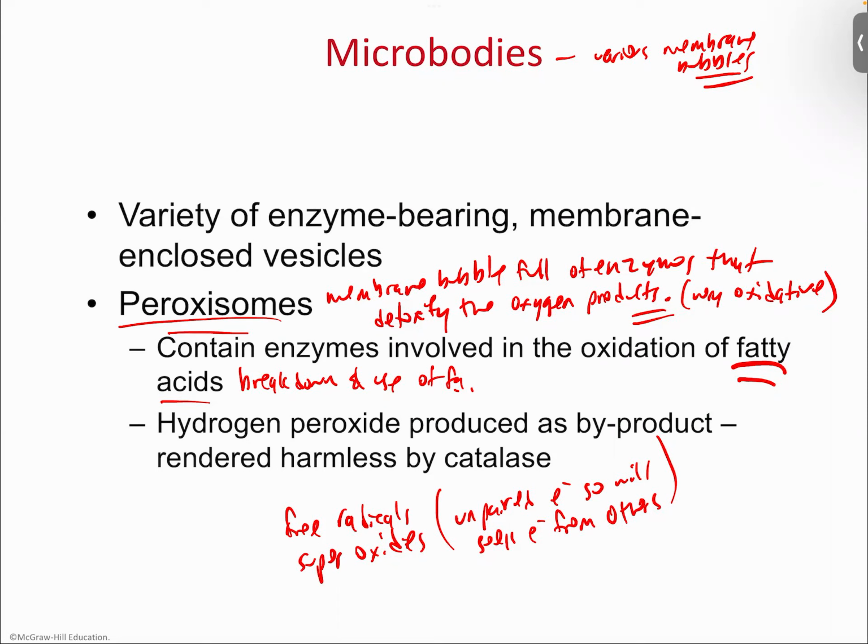If it happens to your DNA, it can create mutations, which can be life-threatening, could cause cancer. If it happens to your tissues, it can create a lot of tissue dysfunction. And so generally speaking, you do not want a lot of free radicals and a lot of superoxides roaming recklessly about your physiology because they're going to do a lot of global harm.